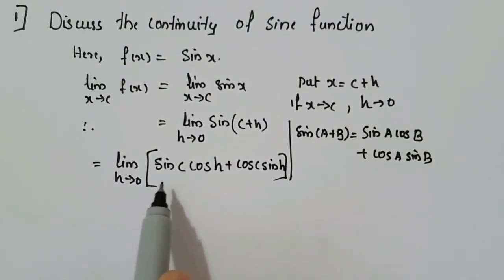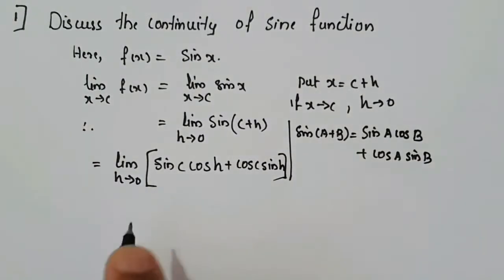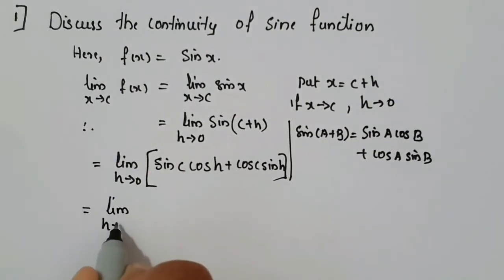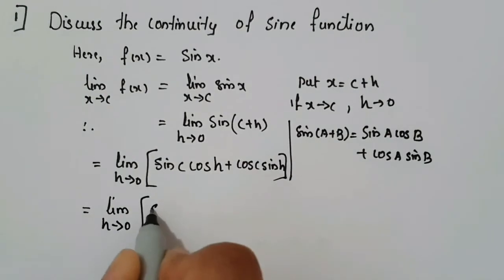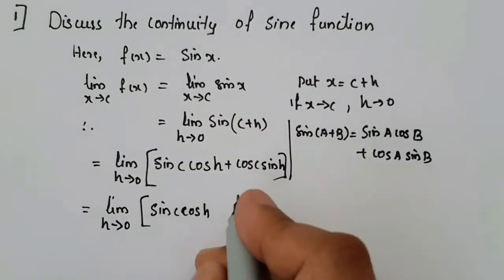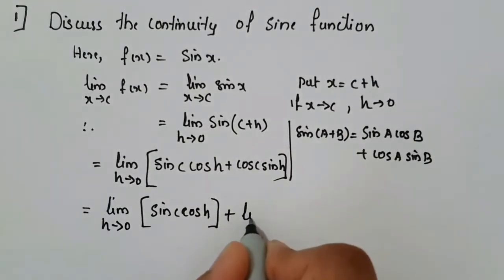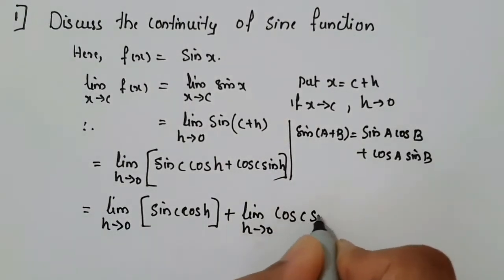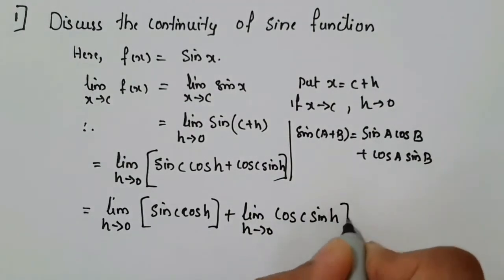By rule 1 and 3, we can split and apply the limits. So, this is equal to limit h tends to 0 sine c cos h plus limit h tends to 0 cos c sine h.